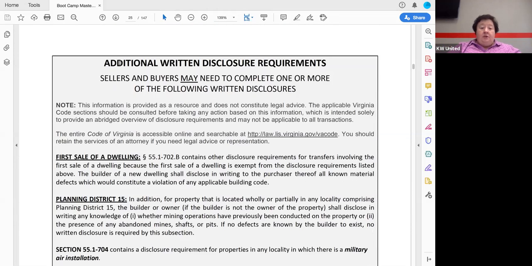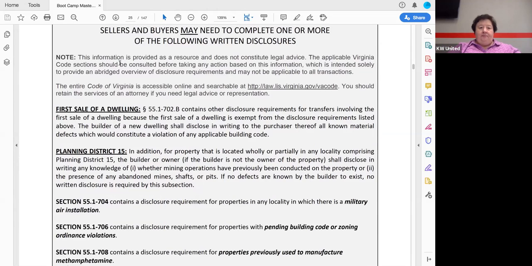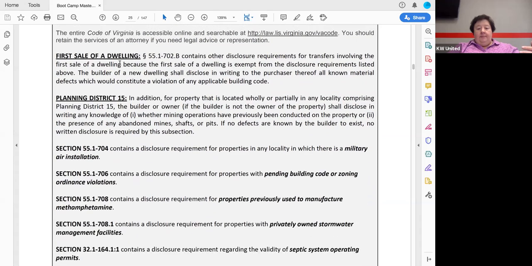So then we have additional written disclosures, okay. So this information is provided as a resource and does not constitute legal advice, okay. Again, you're just giving them information as to what this means, okay.